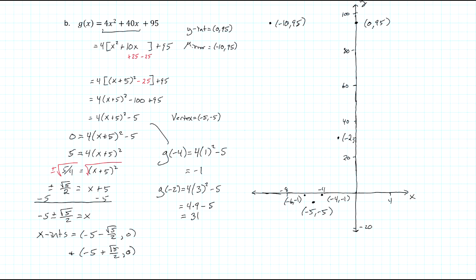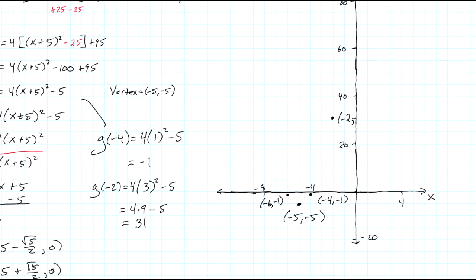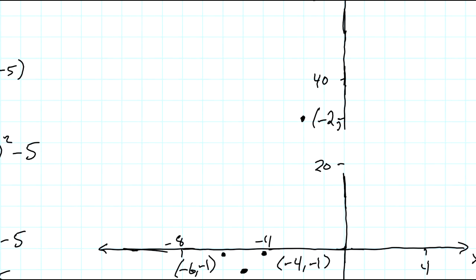Negative 2 comma 31. And then the symmetry line is here, so I'm going to fold that over here. So this is at negative 8 comma 31.